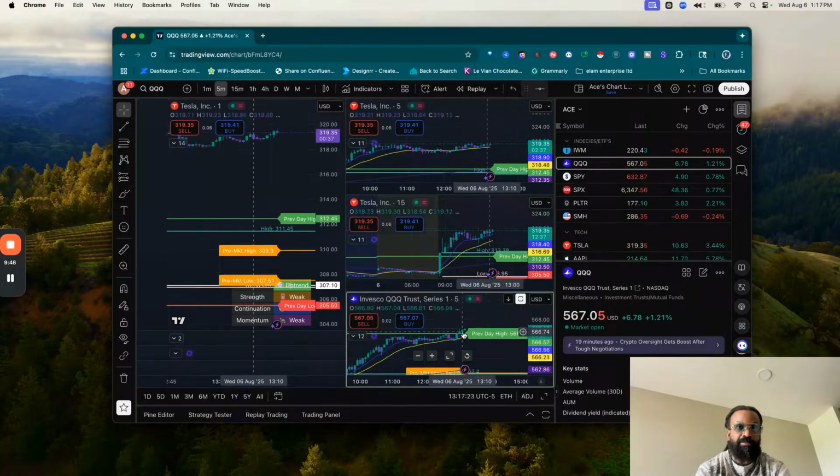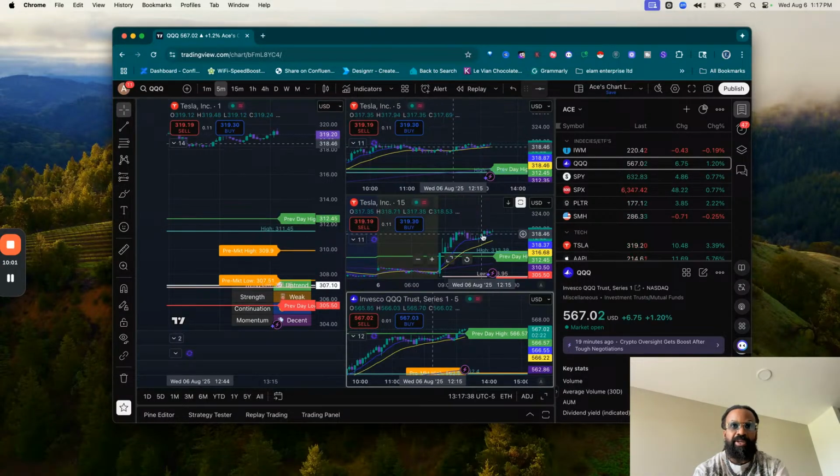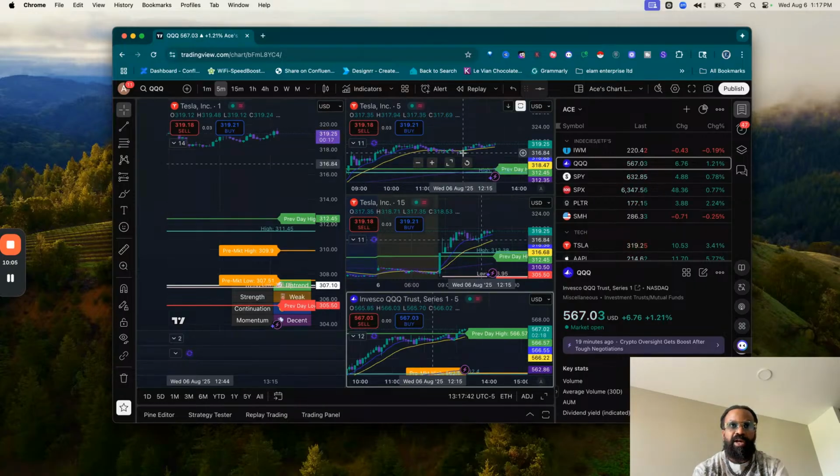QQQ is trending up; we just broke above the previous day high, and that's good for gauging this long position for Tesla. Although keep in mind, Tesla doesn't always conform to what QQQ or SPY is doing, but this is a good setup right here on the 15 and 5-minute chart. So we actually can look to take a trade here.